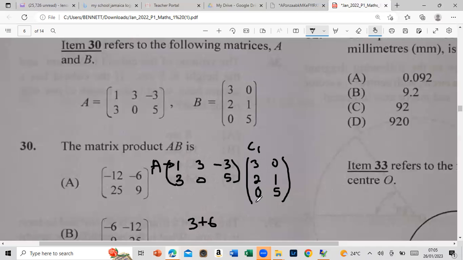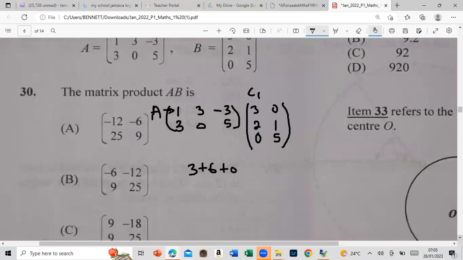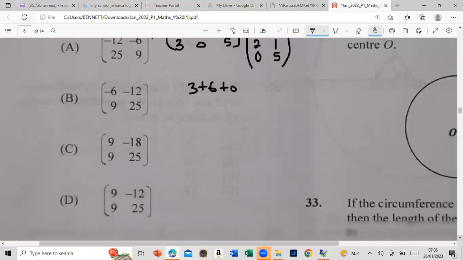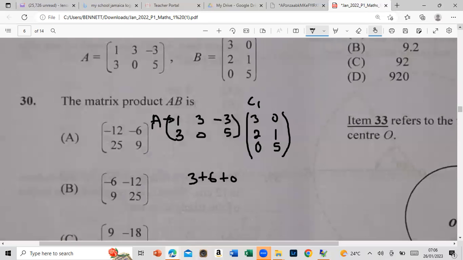And then negative 3 times 0, which is 0. So that works out to a 6. None of them work out to 6. Oh, that's 9.